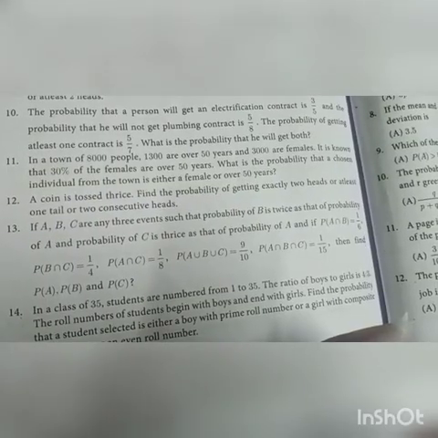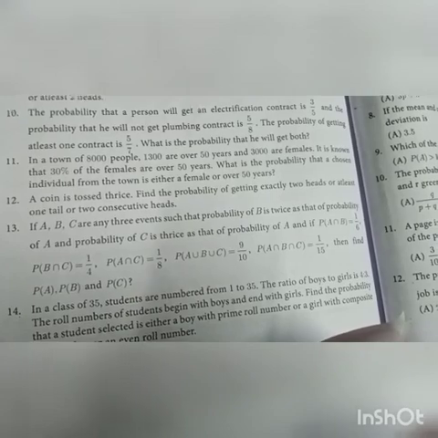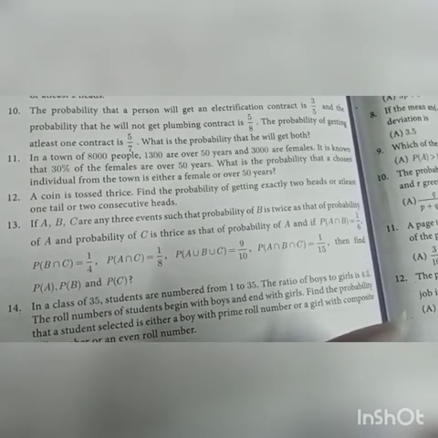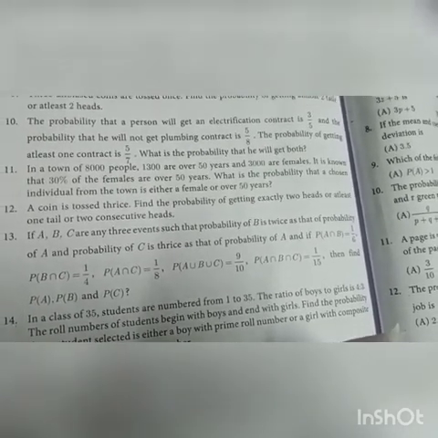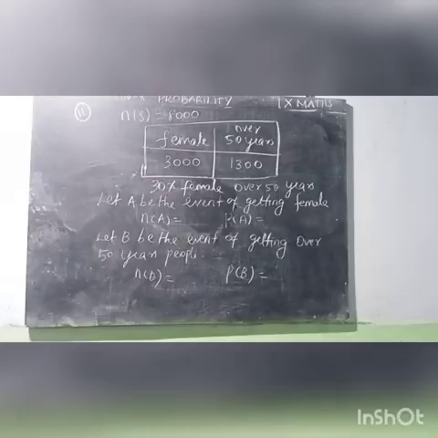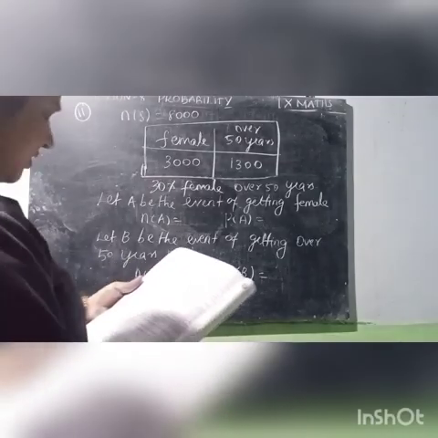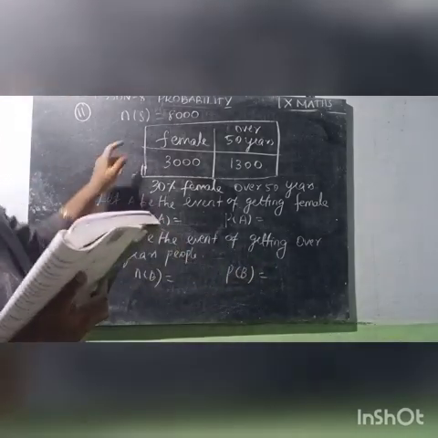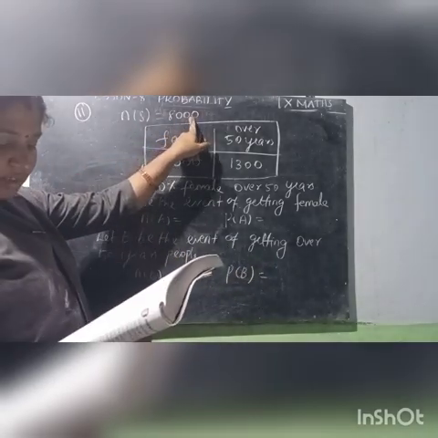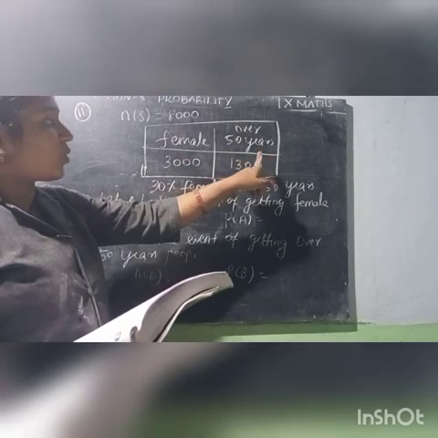11th sum. In a town of 8,000 people, 1,300 are over 50 years and 3,000 are females. It's known that 30% of the females are over 50 years. What is the probability that a chosen individual from the town is either a female or over 50 years? See, 11th sum. In a town 8,000 people, so n of S equal to 8,000. 1,300 over 50 years.